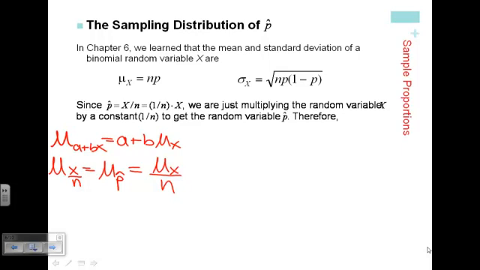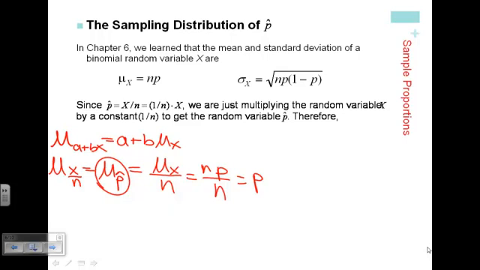It's np. So this is equal to np over n. Oh, this is equal to p. Wait, we already knew that. On the previous slide, we said that the mean of the distribution of p-hats is exactly p. So we now showed some mathematical wizardry that confirms that.